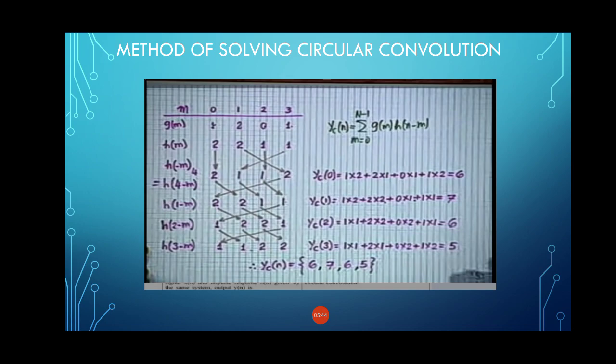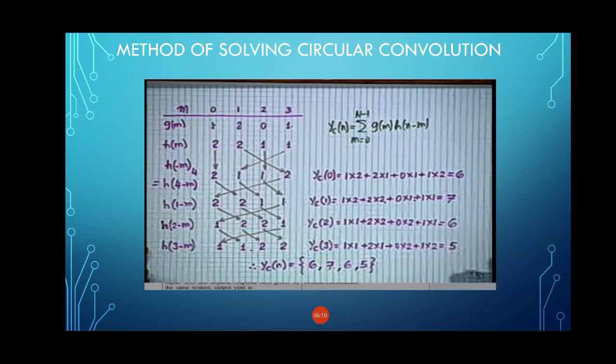Here we have taken g of n as 1, 2, 0, 1 and h of n as 2, 2, 1, 1. So if g of n is 1, 2, 0, 1, we can write g of m also as 1, 2, 0, 1 and h of m also as 2, 2, 1, 1, as we have done previously in the case of linear convolution.